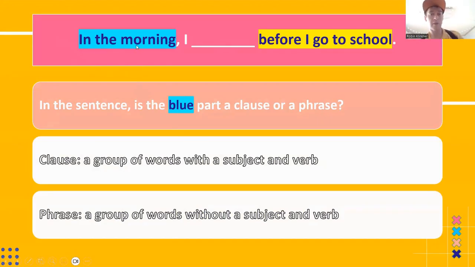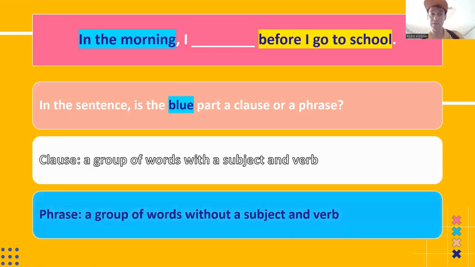In the morning. Preposition, article, noun, time. There actually is no subject or verb combination. So that is a phrase because there's no subject and verb in the blue part.